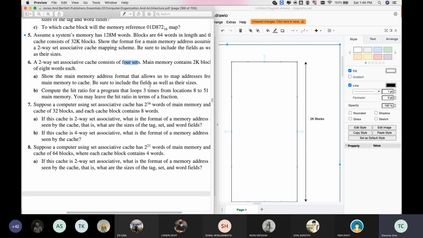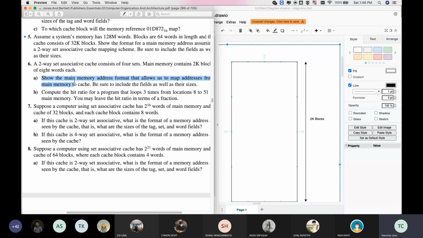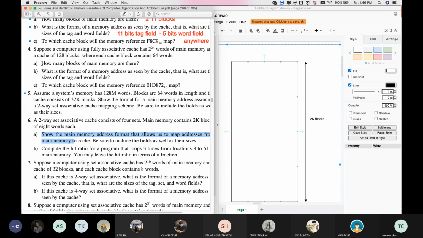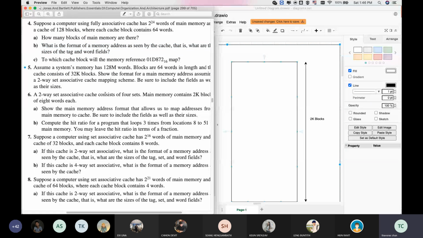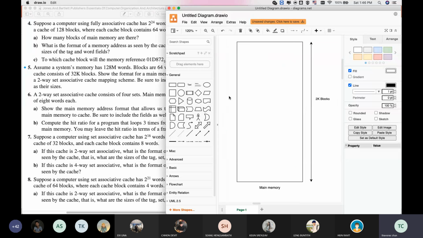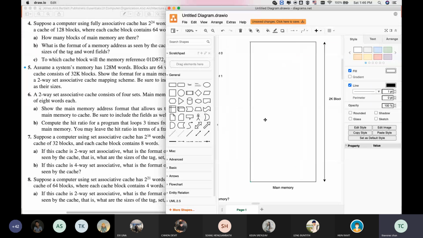Be sure to include the fields as well as their size. So the question here is the same as question B, the same thing. It's just that now we are using set associative instead of direct map or fully associative.